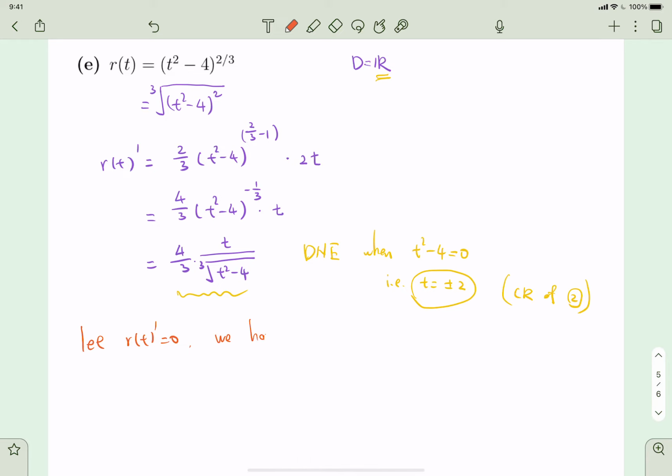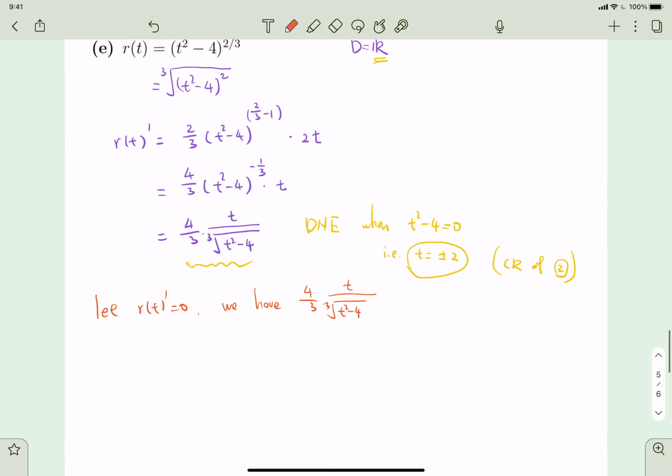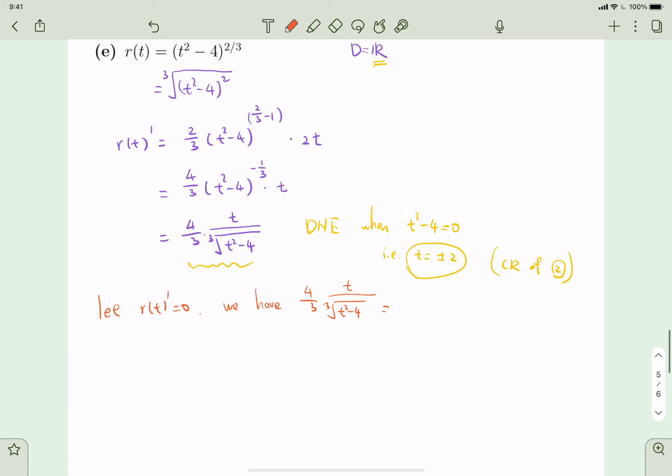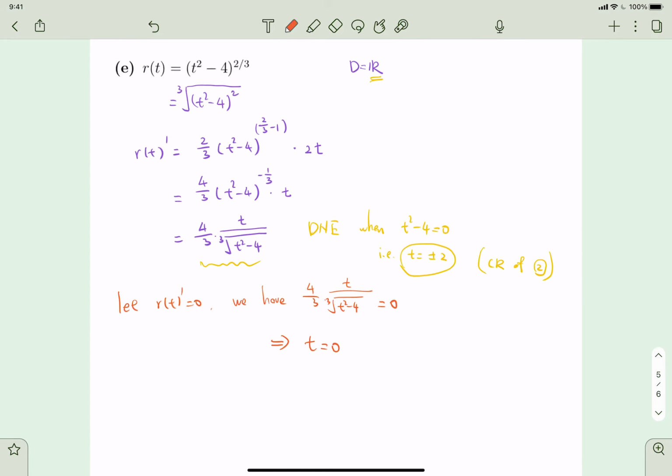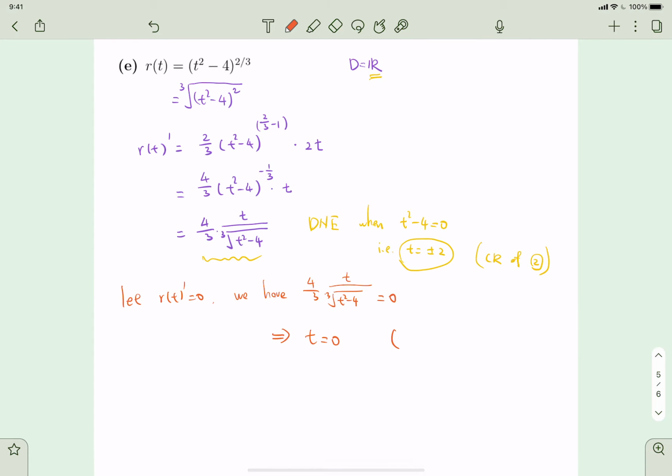We have this thing equals 0, right? So the only possibility is when the numerator equals 0, right? So we have t equals 0, right? So that is the critical number of the first type.